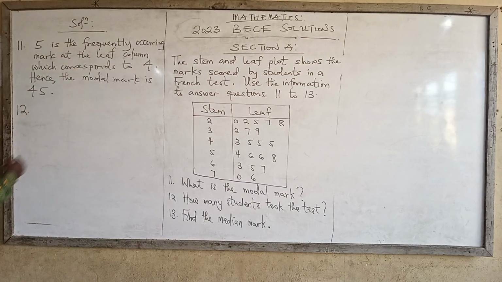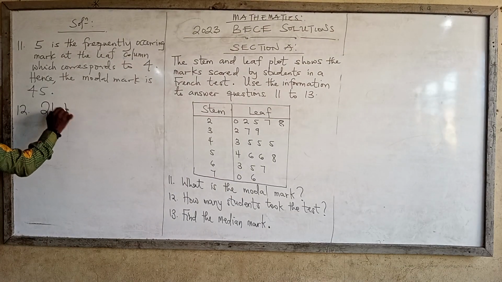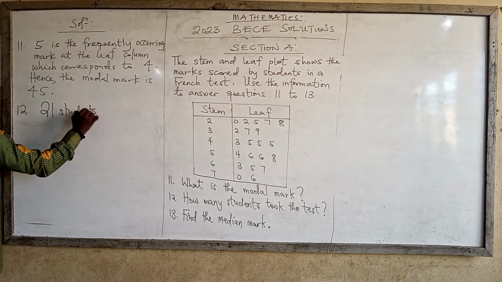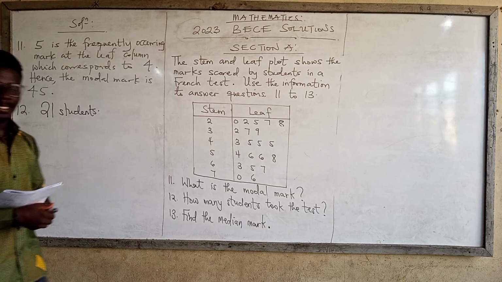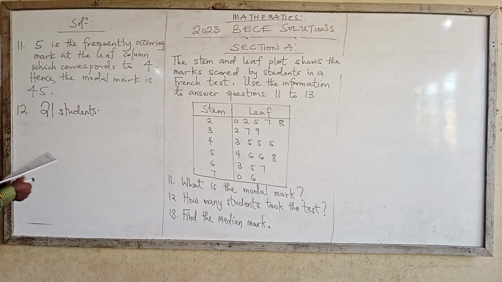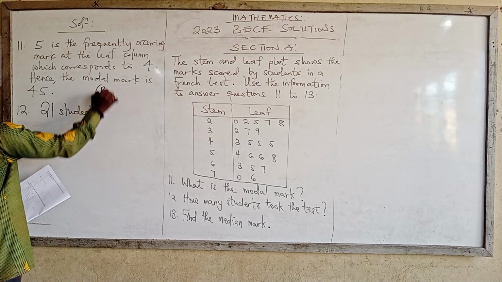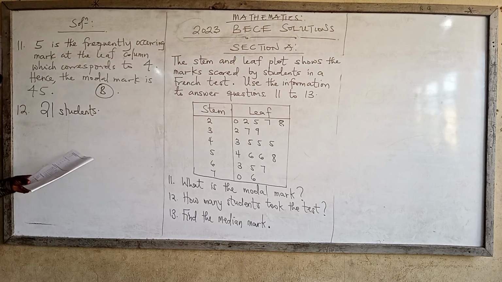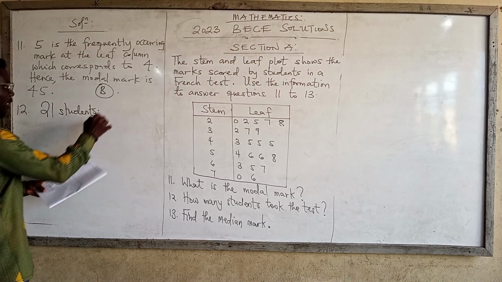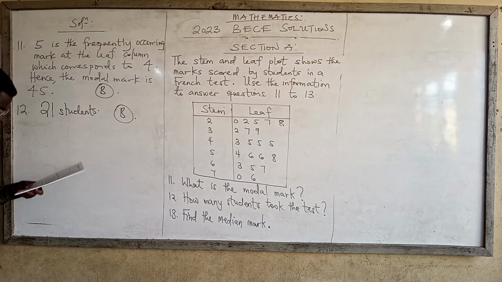So we have 21 students who took the test. So question 11, the answer is option B. Then question 12, the answer is also option B.